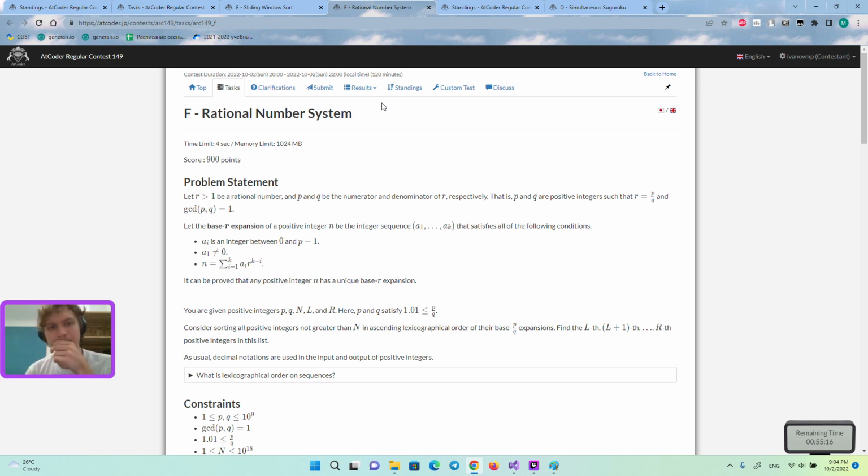Ai is an integer between 0 and p minus 1.